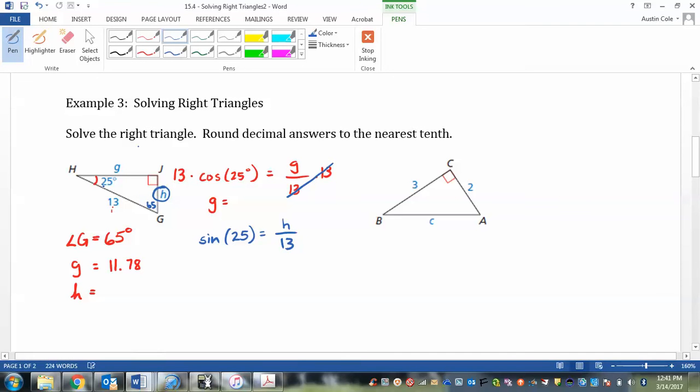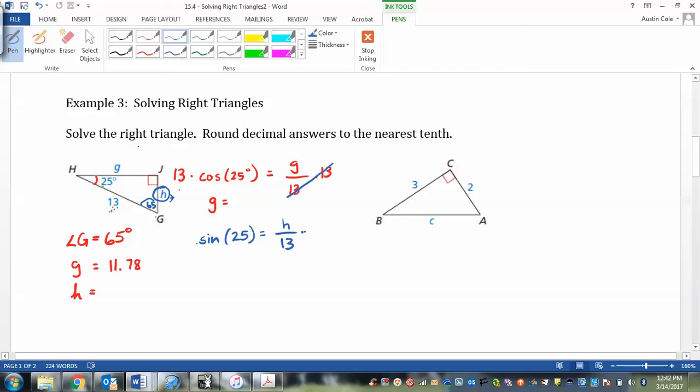If I would have used 65 degrees, this is the adjacent, and this is my hypotenuse. So I could have done cosine 65 equals h over 13. Does that make sense?